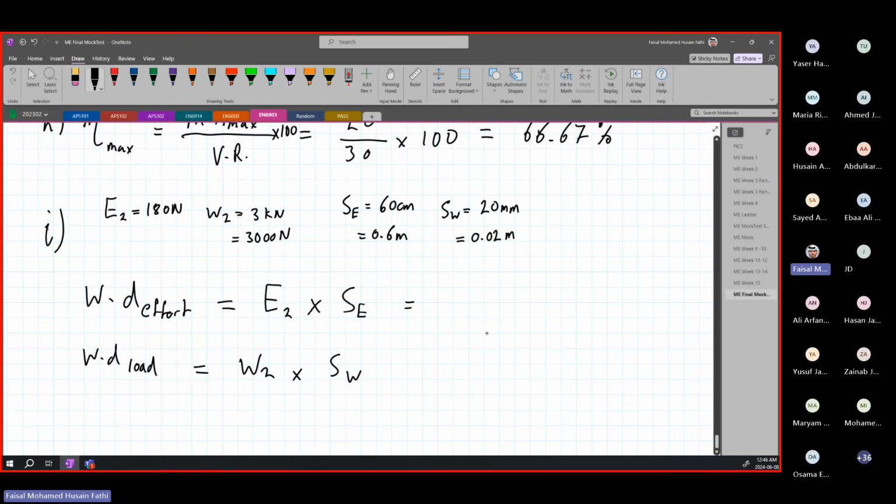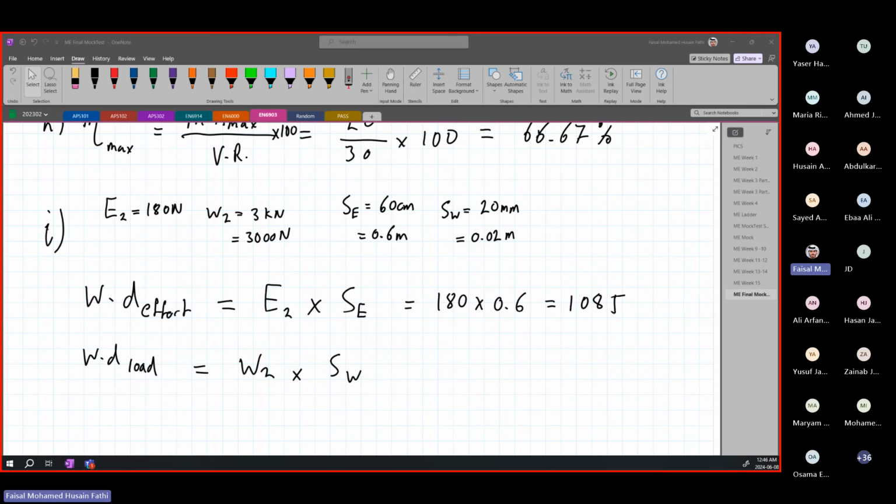And that's how you can find the work done by the effort and the work done by the load. So this is 180 times 0.6, which gives you 108 joules.